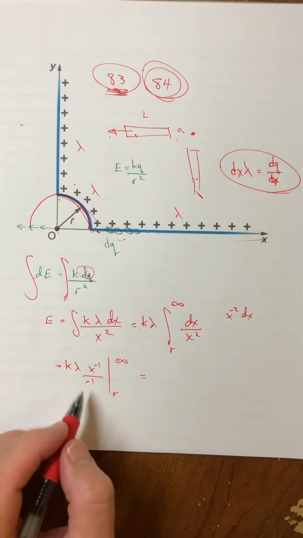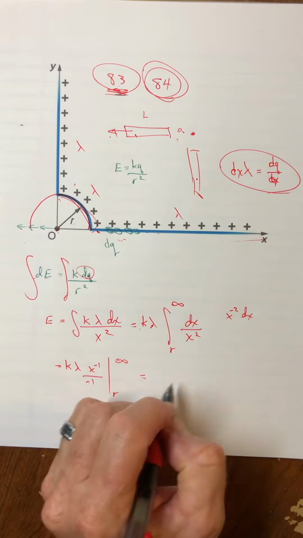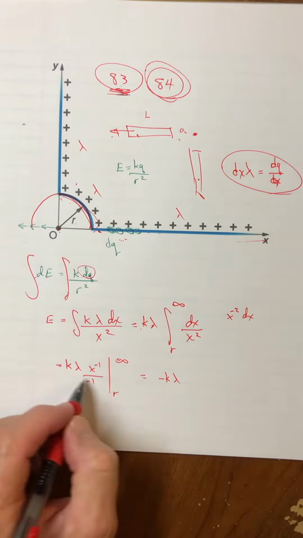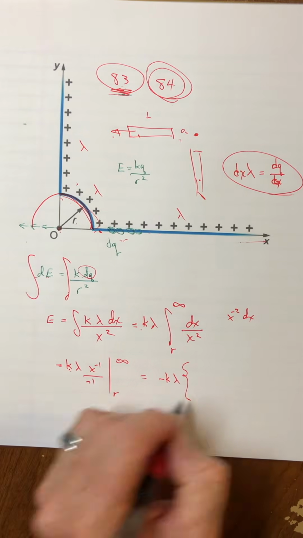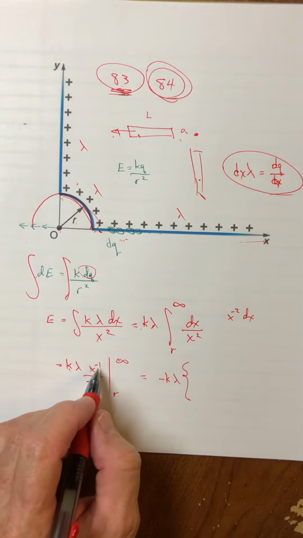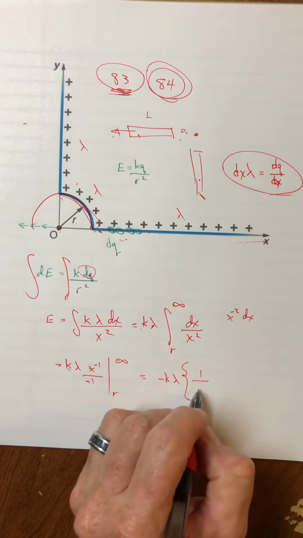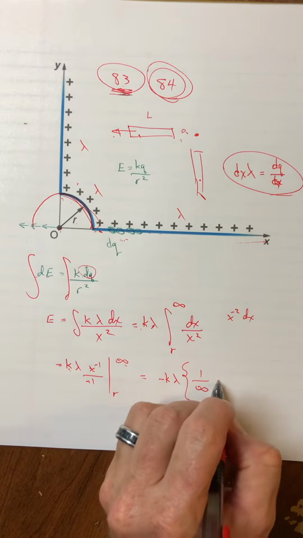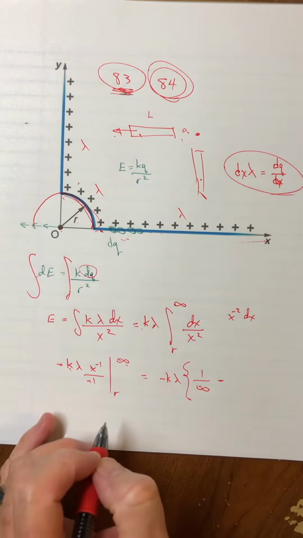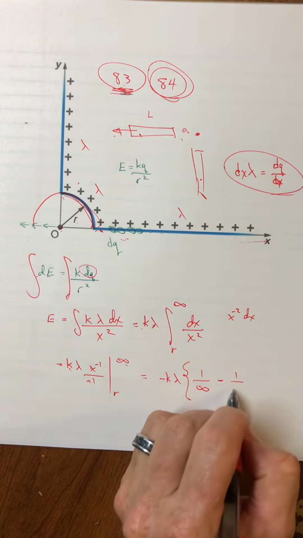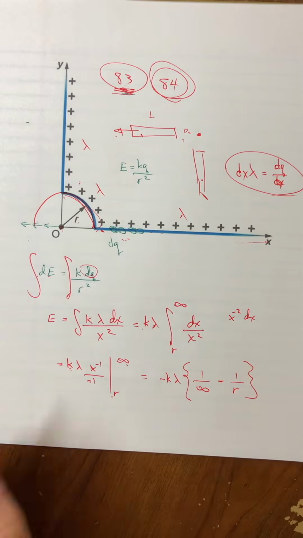I guess we would get something like this. I'll put the negative 1 over here. I'll think of this x to the negative 1 as 1 over x, so I have 1 over infinity for the upper bound, minus 1 over R for the lower bound.